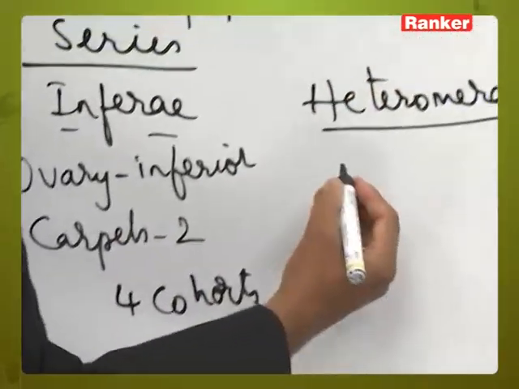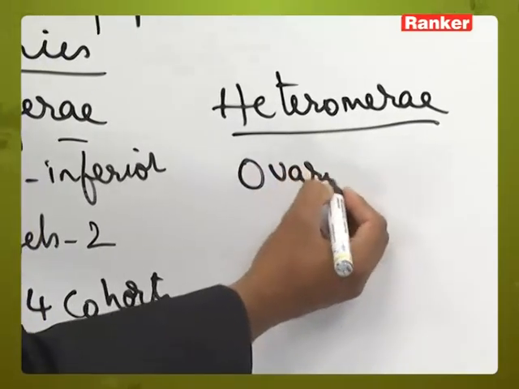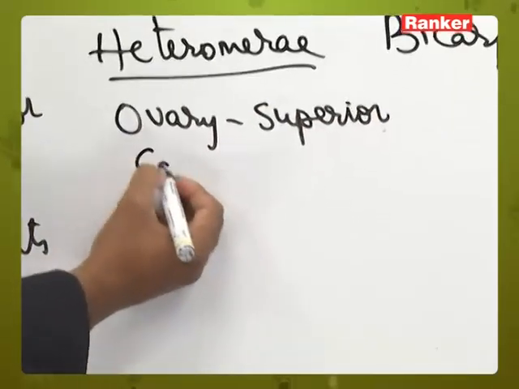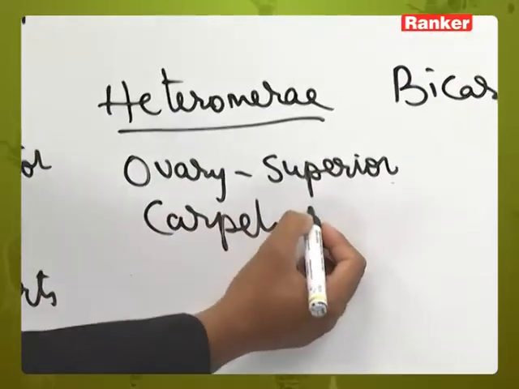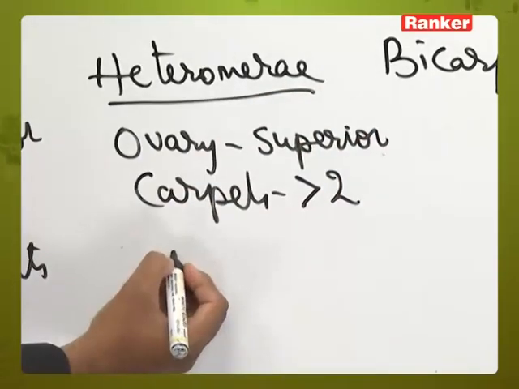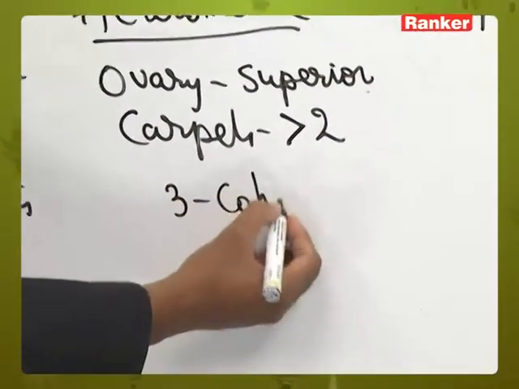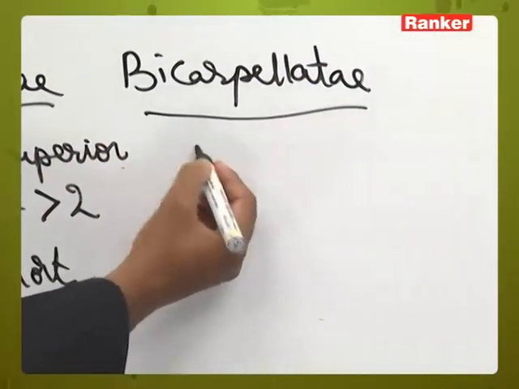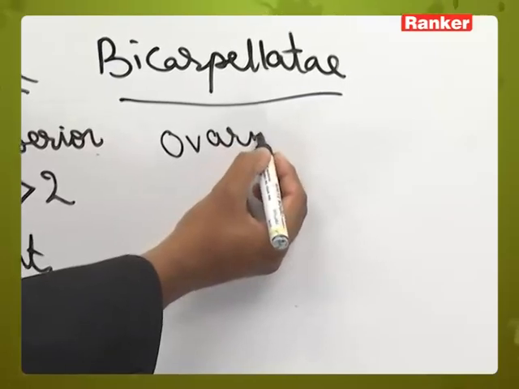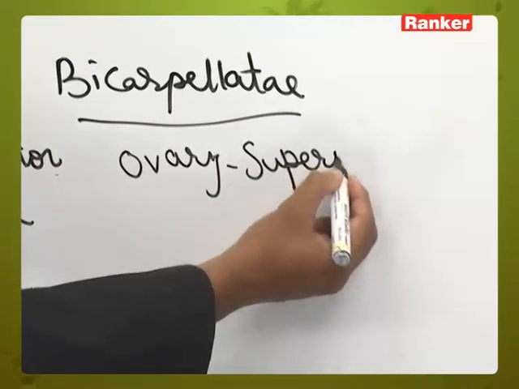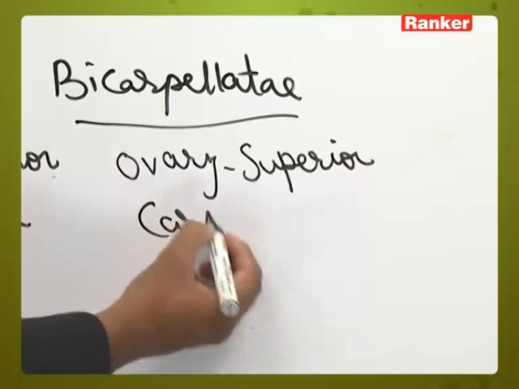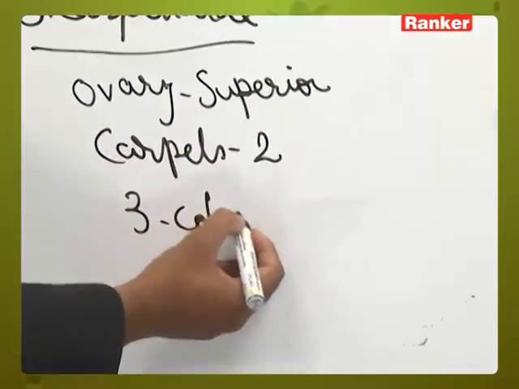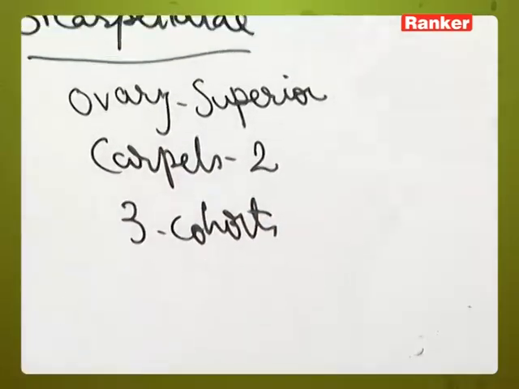And heteromerae, here the ovary is superior and the number of carpels is more than 2, and here the number of cohorts is 3. Then coming to bicarpellate, where the ovary is superior and number of carpels is 2. This also contains 3 cohorts.